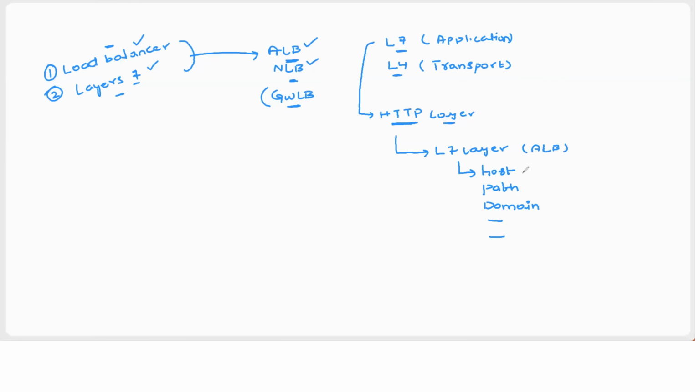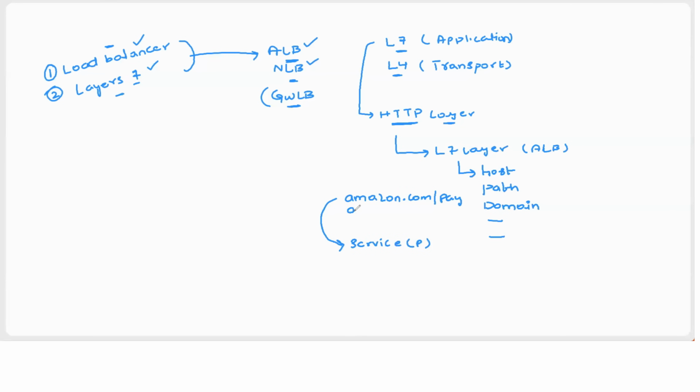For example, let's say I am accessing amazon.com/payments. Then my request has to go to a particular service, which is called the payment service.